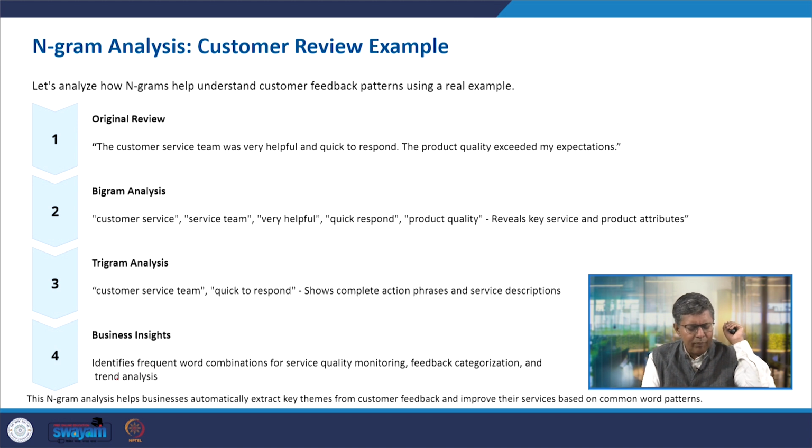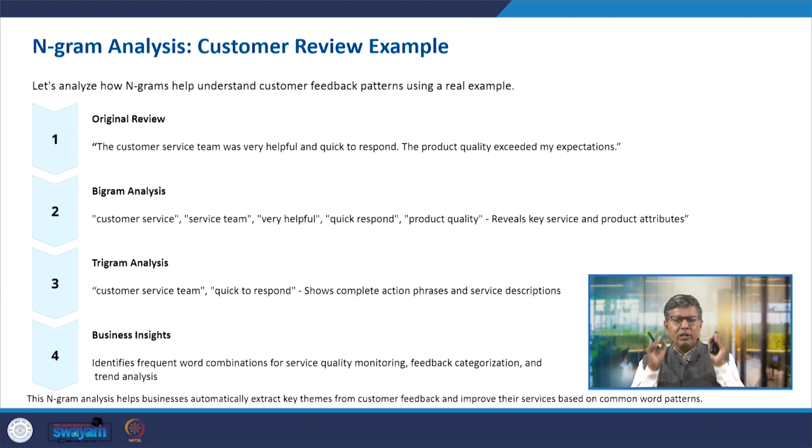Business insight is that it identifies the frequent word combinations for service quality, for monitoring, feedback, categorization and trend analysis. So, this tells the most important terms which are frequently occurring and with what combination they are occurring, right. Now, product quality, quick respond, right. So, what are the combinations? So, Ngram helps businesses automatically extract key themes from customer feedback and improve their services based on the common word patterns.